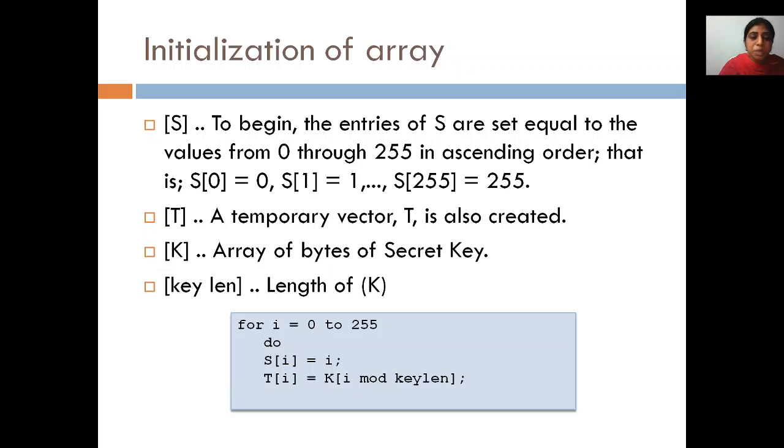We assign all the values into the S vector. In the temporary vector we assign all the key values, and if the key is shorter than the key length, we repeat it till the end.